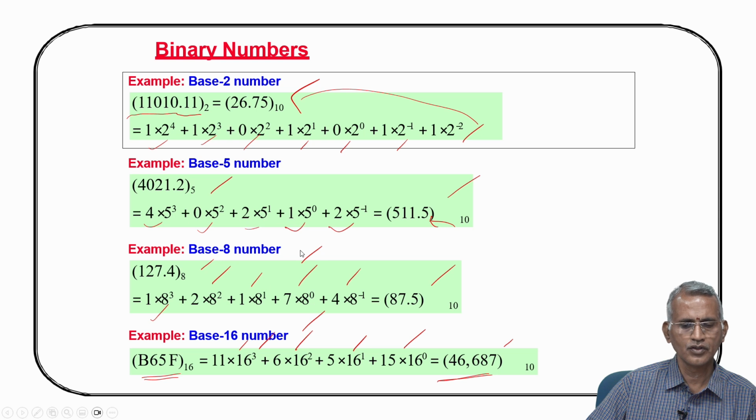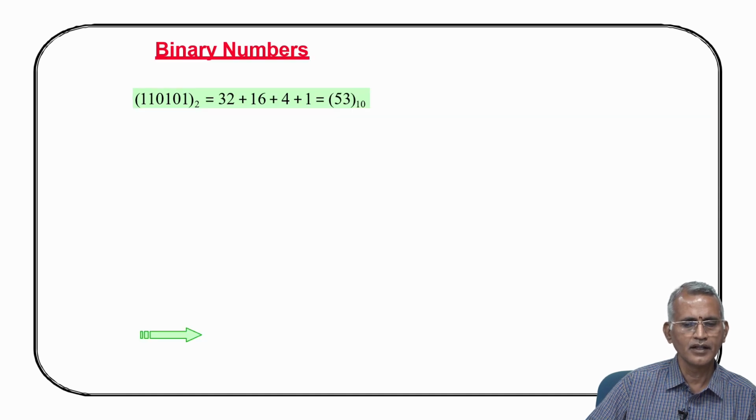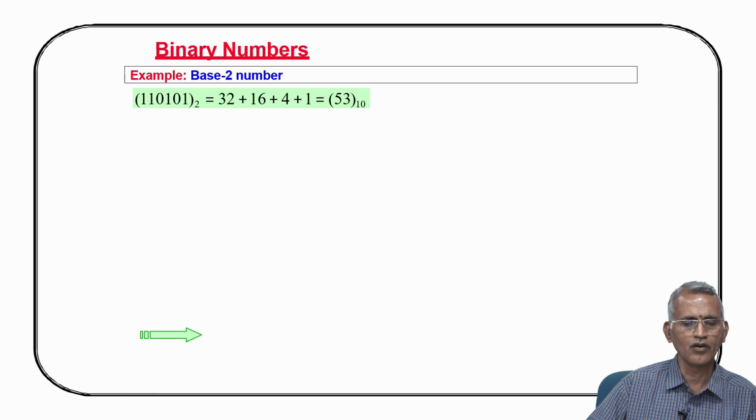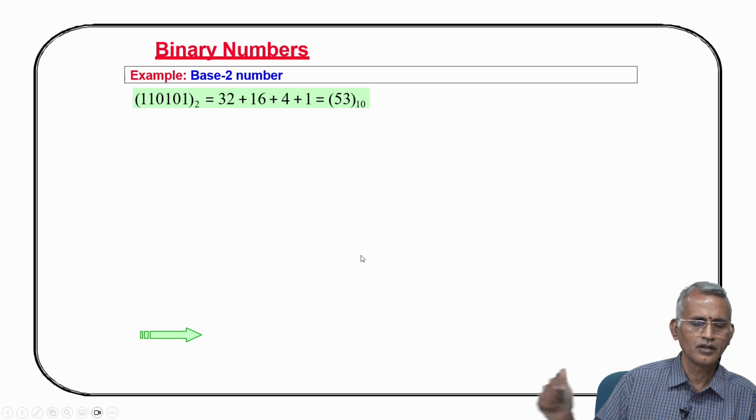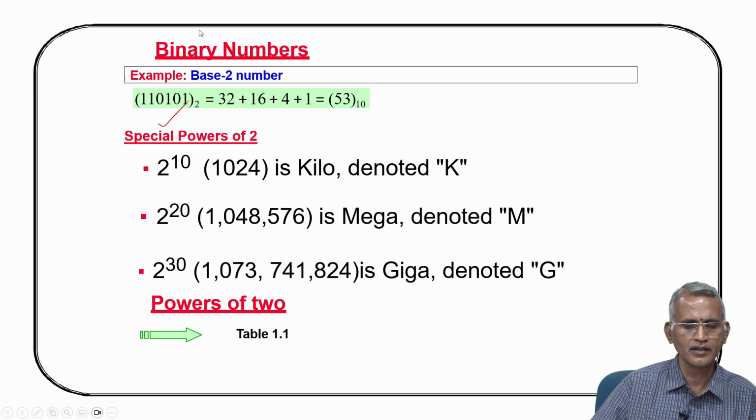Now, the binary numbers we have written in terms of 2, 5, 8, 16 base. We can have a base 2 number 110101 base 2, which is 32 plus 16 plus 4 plus 1, equal to 53 base 10.